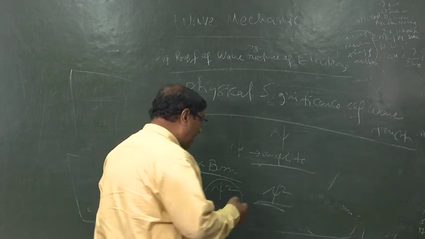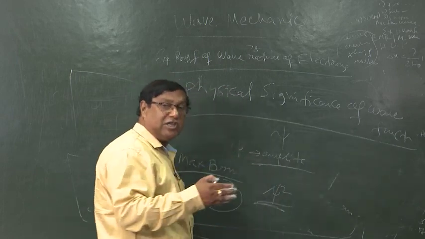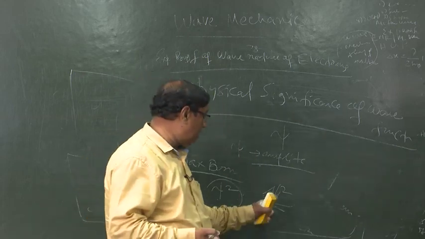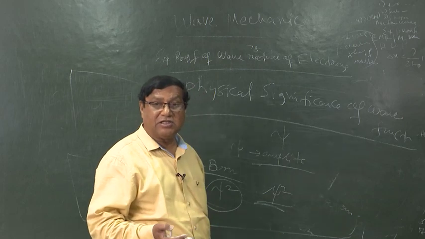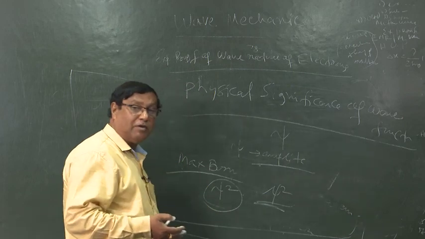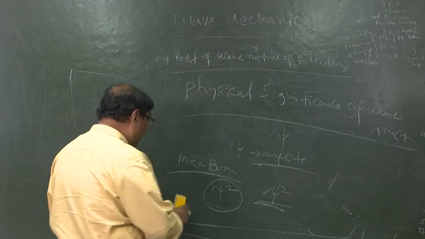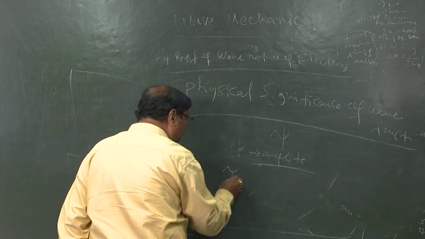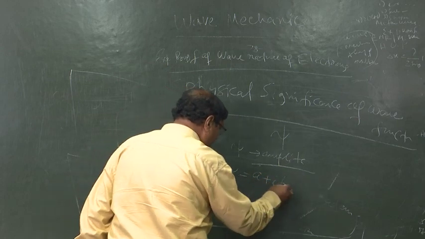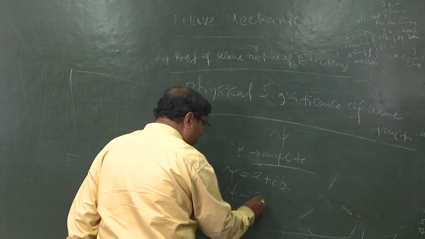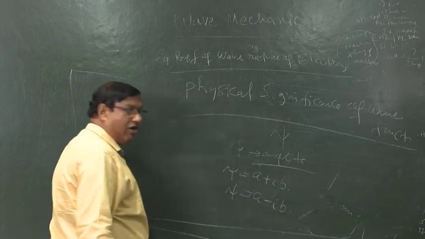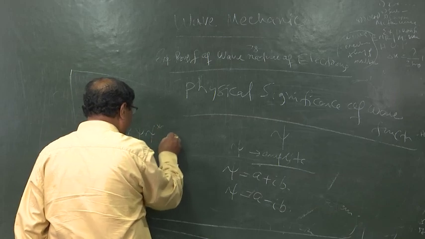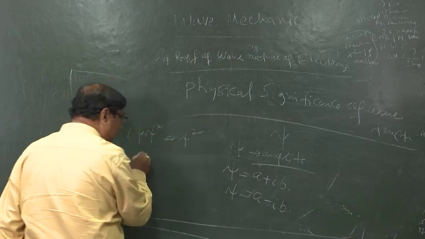The region where the probability of finding the electron is maximum is called an orbital. Now, psi may be real or imaginary, but psi star psi, or psi square, is always real.